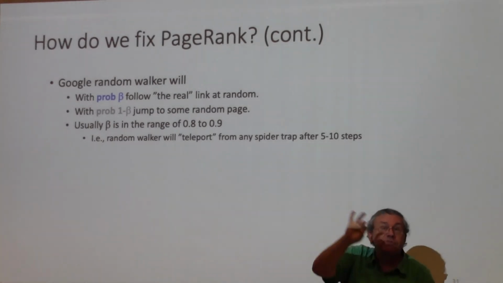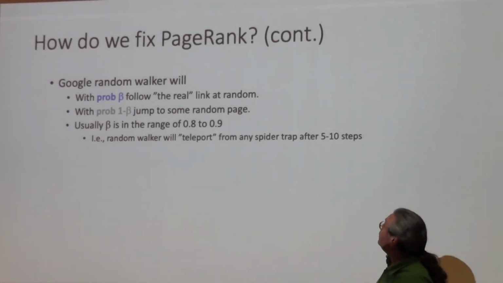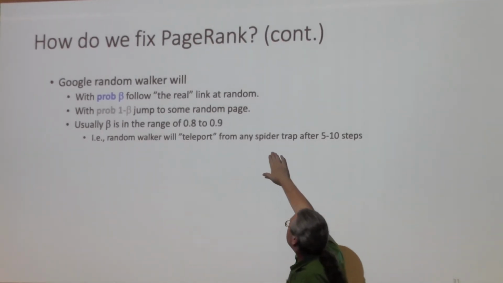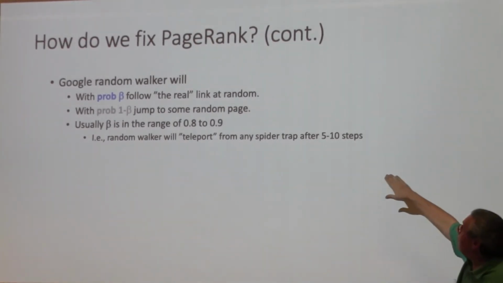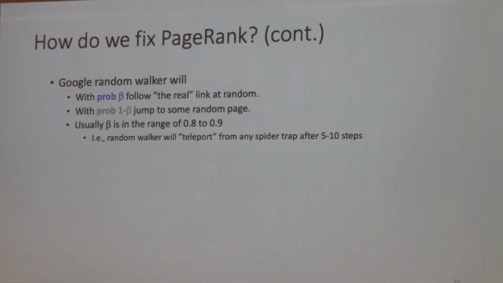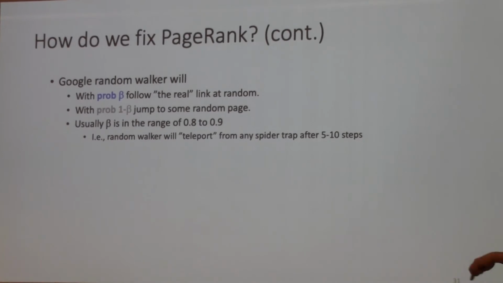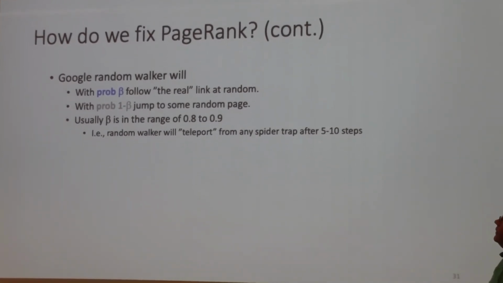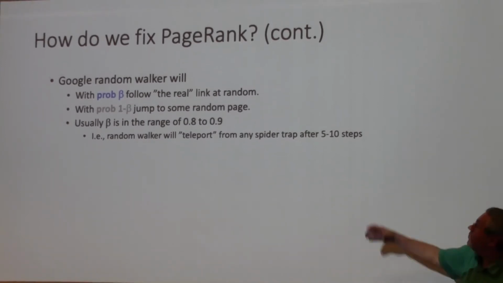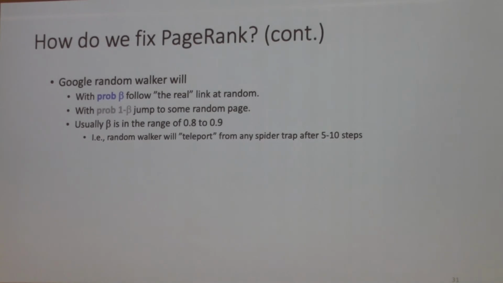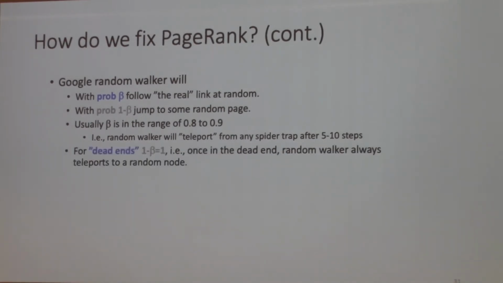This means that most of the time you follow the link. The random walker will teleport from any spider trap after 5 or 10 steps. If you get stuck in a spider trap, then eventually, ping, you jump out.